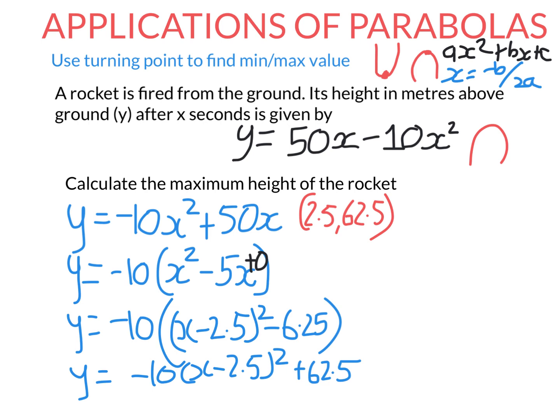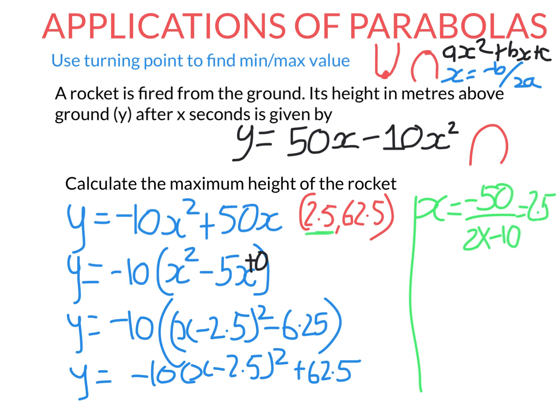The easier way, as I said before, is that the turning point always occurs at x equals minus b over 2a. So here we have b and a. The x value of the turning point is minus b over 2 times a. You put that in your calculator, you get 2.5 like we did over here. Then you can just substitute that into the original equation.